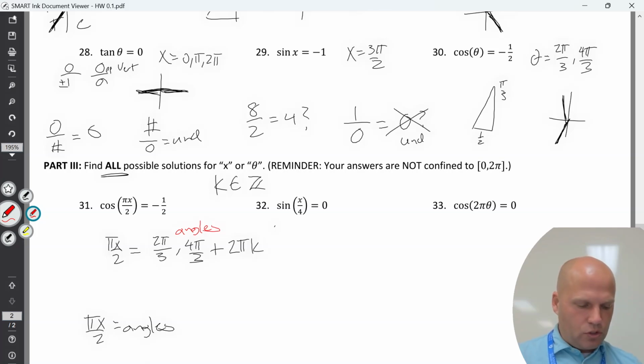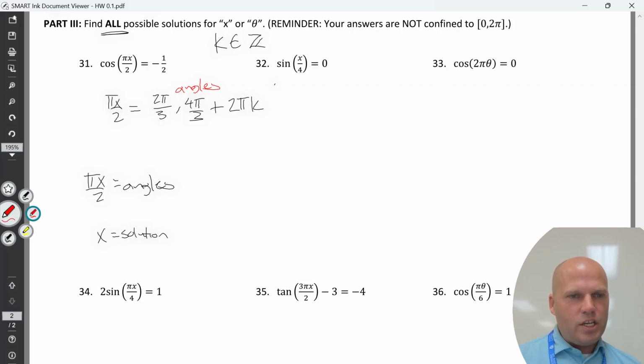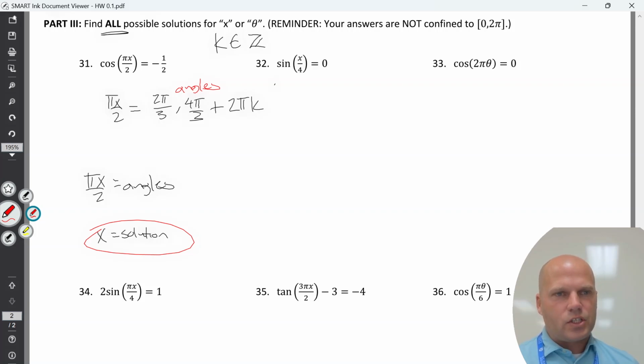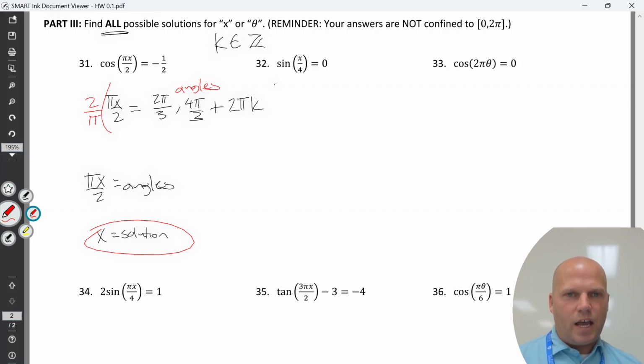But to get our solutions for x, we need to solve for x. How do you solve this expression for x? If it was pi x over 2 equals just 4, you'd say, oh, I need to multiply by 2 and divide by pi. Well, we're going to do that for everything. We're going to multiply by 2 and divide by pi.